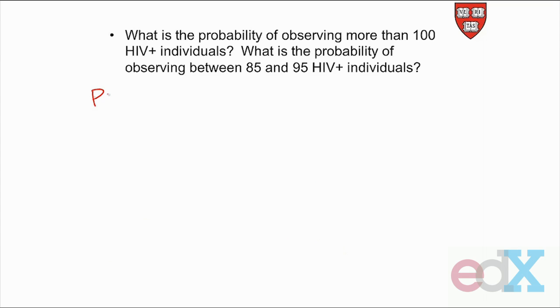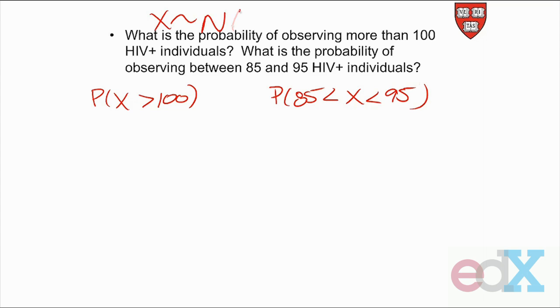We want to know the probability that x is greater than 100. We also want to know the probability that x is between 85 and 95. But recall, we're using this normal model. So if we want to do these two probability calculations in Stata, the first thing we have to do is standardize.